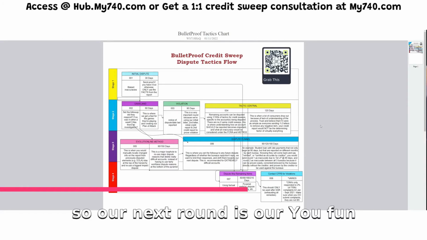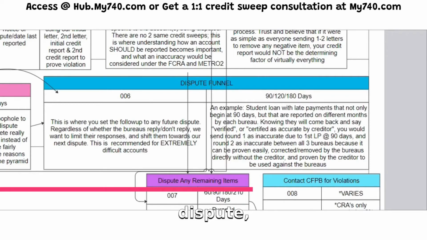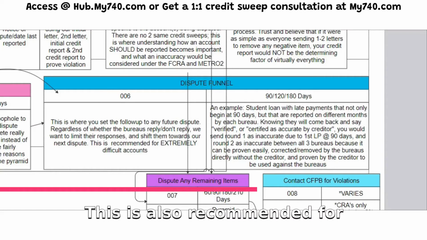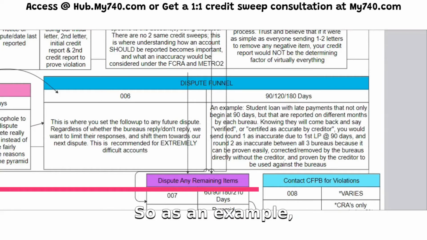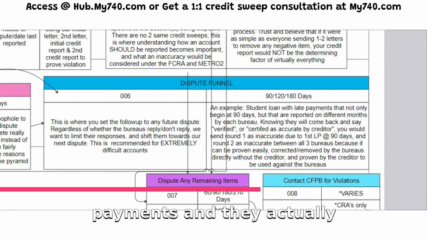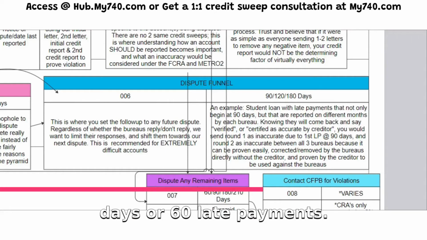Okay, so our next round is our dispute funnel, and this encompasses multiple different rounds within this tactic. Okay, and this is where you're actually going to follow up to any future dispute, regardless of whether the bureaus reply or don't reply. We want to limit their responses and shift them towards our next dispute. This is also recommended for extremely difficult accounts. So as an example, right, we have a student loan, it has late payments, and they actually begin at 90 days. Okay, so you're not seeing any 30-day or 60-day late payments.